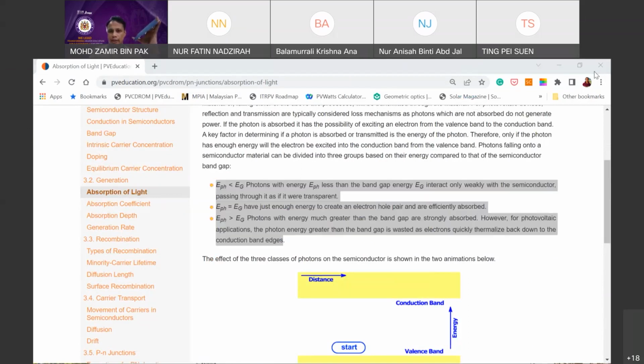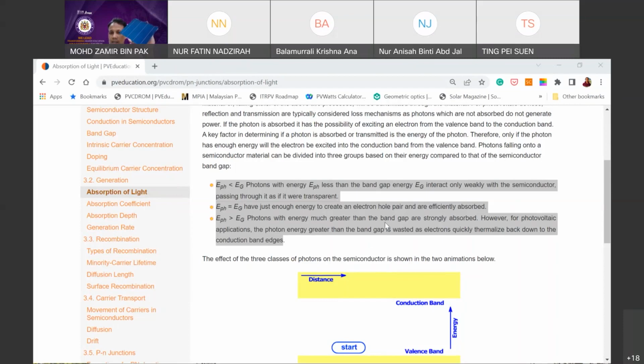So case number one, let's see case number one. We're going to see some animation later on. Case number one is when EPH is less than EG. What does it mean? EPH is the energy of the incoming photons, which is less than the band gap, right? If you talk about crystalline silicon, then we're talking about the incoming photons having energy less than 1.12 electron volts.